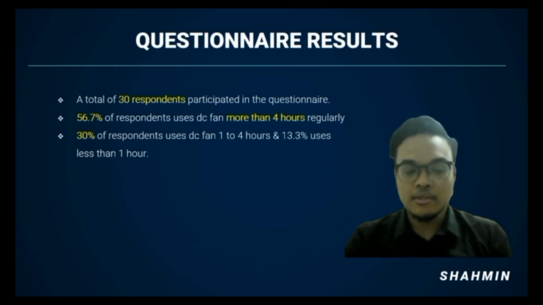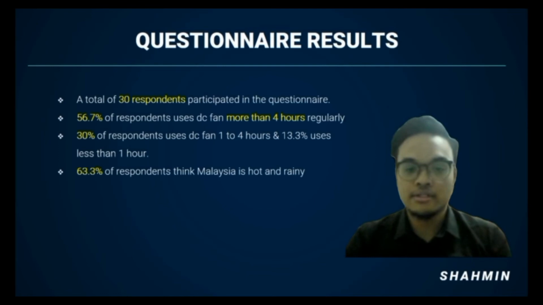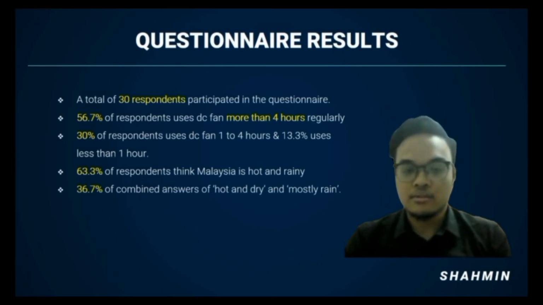For the question about weather in Malaysia, 63% of our respondents think Malaysia is both hot and rainy, while 36% combined answers between hot and dry and mostly rain. We did a research on the internet. Malaysia is both hot and rainy, and the weather cannot be expected.